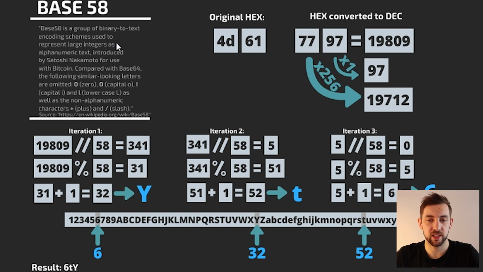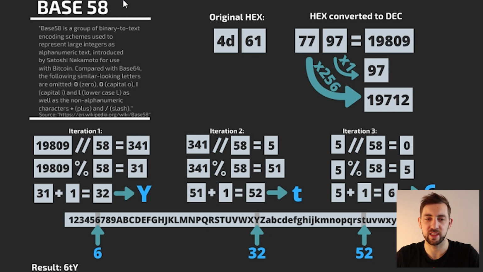So Base64 is 26 uppercase letters from A to Z, 26 lowercase letters from a to z, 10 numbers 0 to 9, and plus and slash.